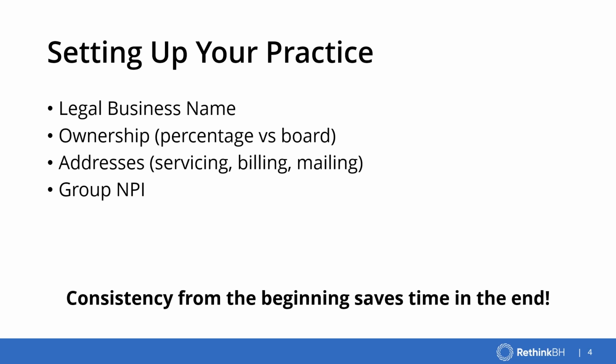I get asked this a lot, but it does have to be a standard address, so that it resembles having a home or a building number and a street name, and then obviously your city, state, and zip. Now your billing and your mailing address, those can be a P.O. box, but for servicing addresses, payers do not allow that.